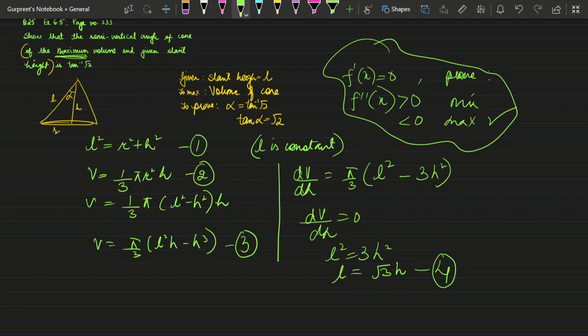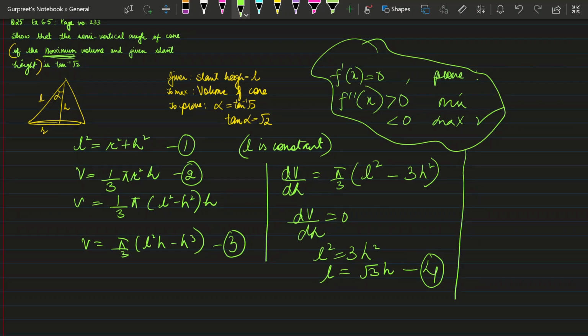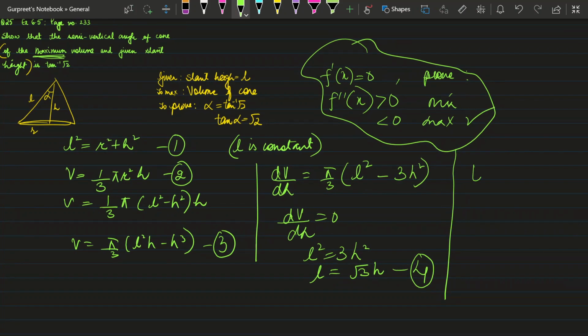I have to prove in the question that tan alpha equals root 2, which I'm not getting from here at all. In the question, they're talking about tan alpha. So let me find out what tan alpha is according to the figure. I'm drawing the figure here again, just for your understanding.